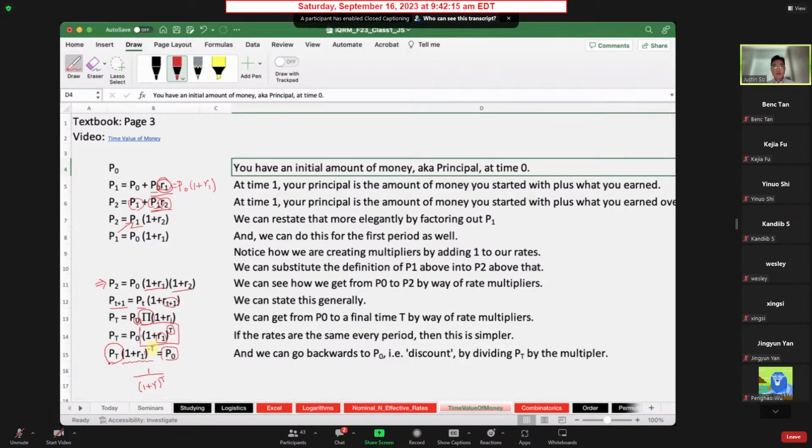So future value multiplied by the discount factor. Now it's called the discount factor. Or future value divided by this gives us the present value. So finding a present value from the future value is discounting.